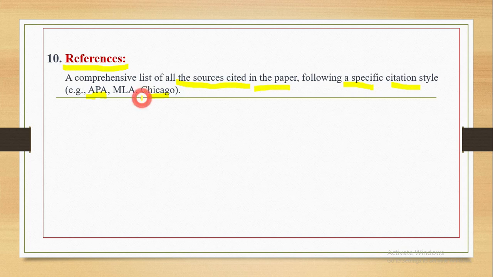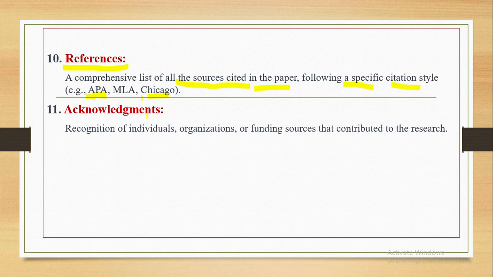So cite all the references that you used in your paper. Number 11, acknowledgements, the recognition of individuals or organizations or funding resources that contributed to the research, or the persons who supported you in your research.